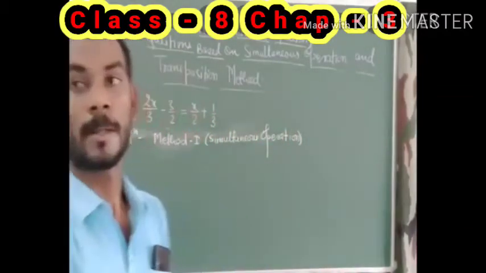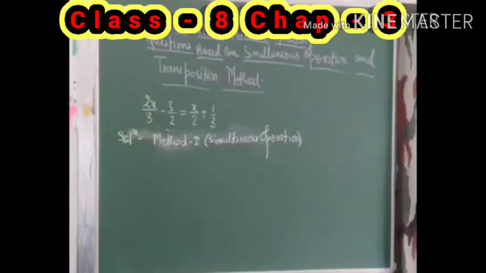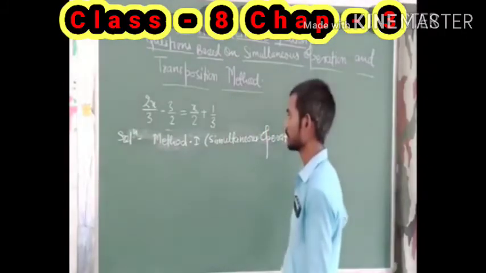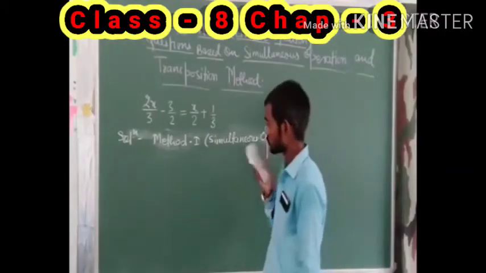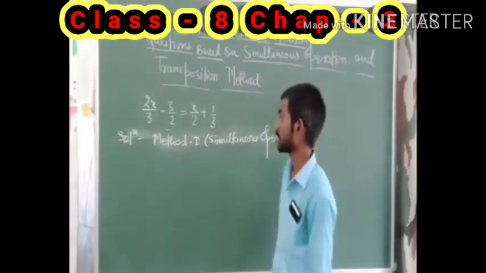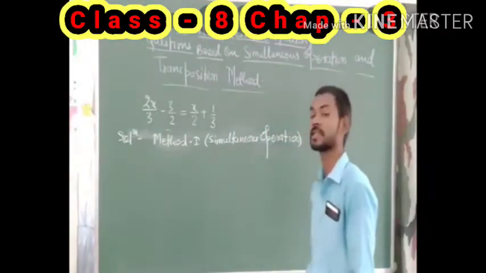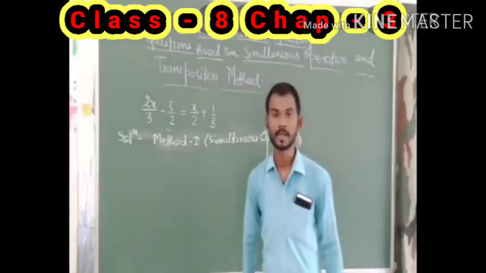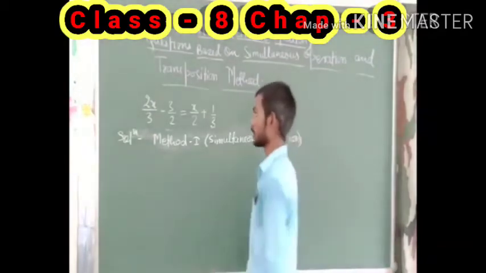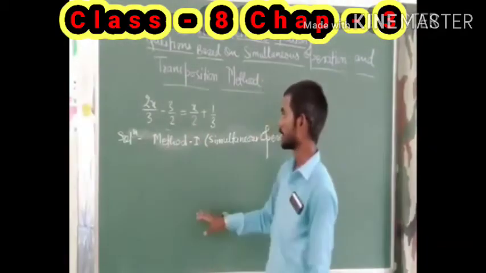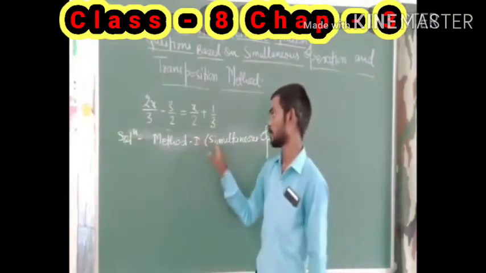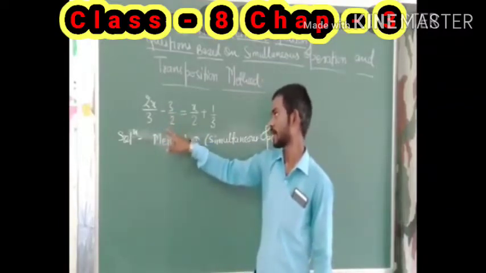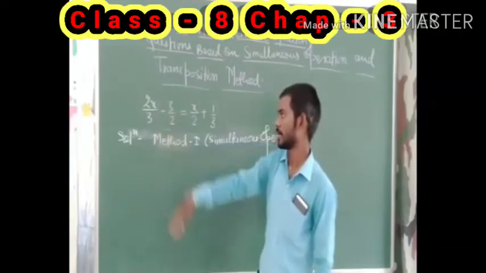In order to solve the linear equation by the simultaneous operation method, we separate the variable quantity in the linear equation. So, in order to solve this, first we have to add 3 upon 2 on both sides, because here we can see that there is minus 3 upon 2. After adding 3 upon 2, it becomes 0.